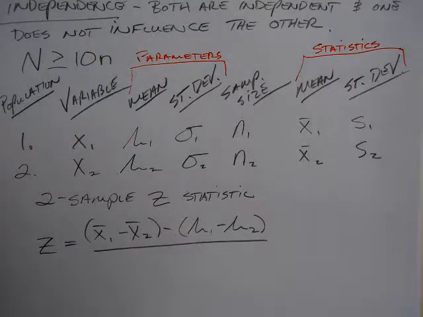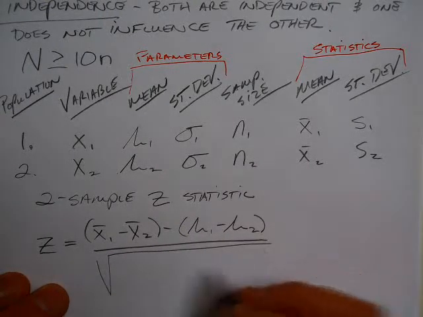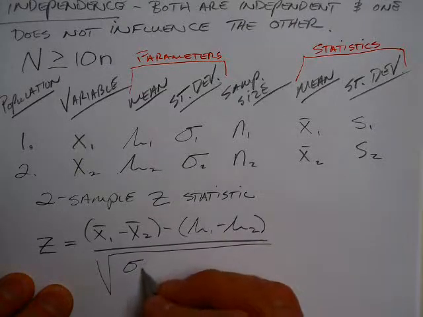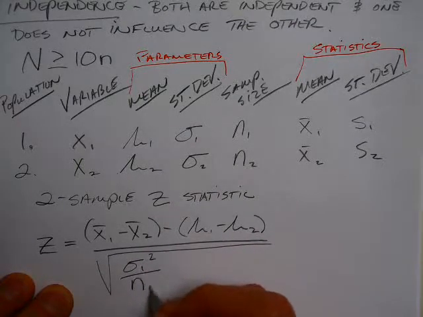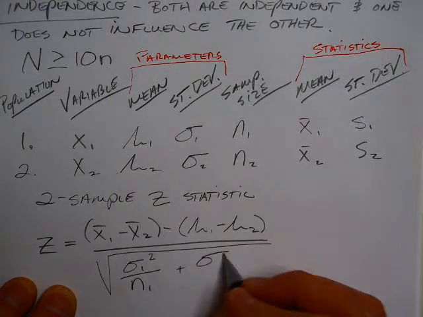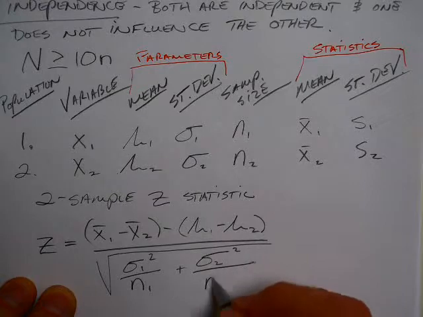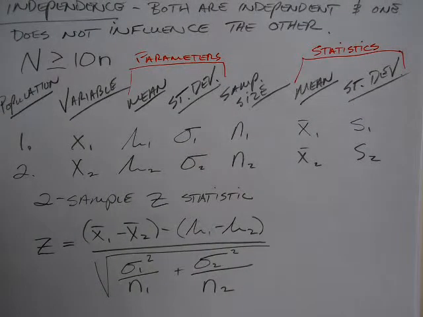So x bar minus mu, with the differences in them, divided by the square root of sigma 1 squared over n sub 1 plus sigma 2 squared over n sub 2. So it's the two sample, it's the difference, it's the change in them.